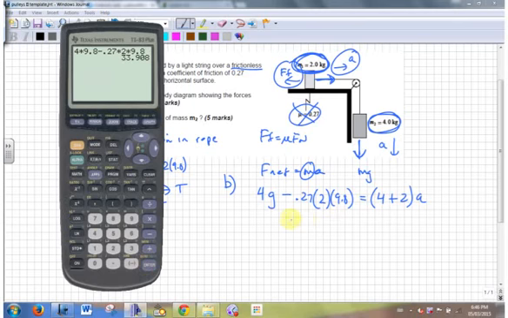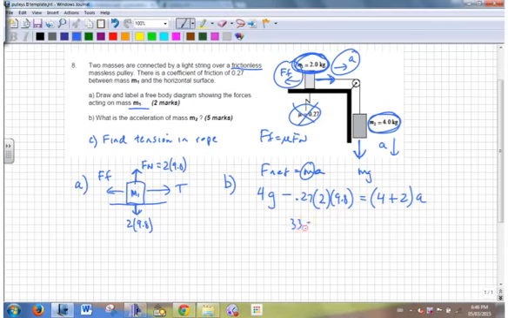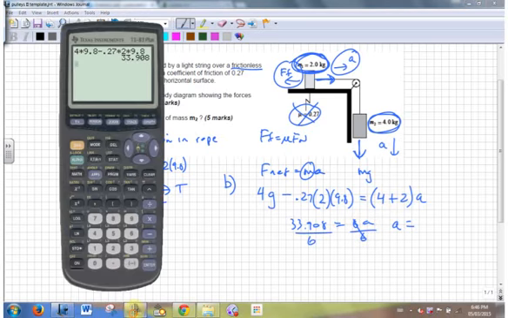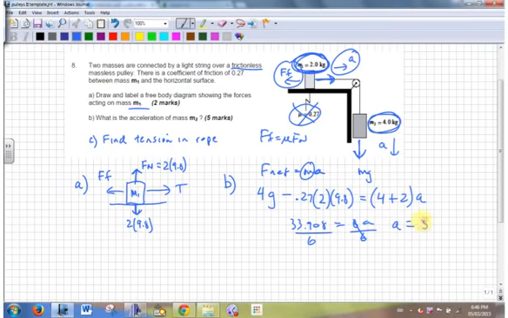Okay, that's 33.908 is 6 times a, so divide both sides by 6, and that's the acceleration of the system. 5.65, and of course that's in meters per second squared. Alright, so that's the acceleration this thing goes down at. That's the acceleration that this block goes right at. And every point on this rope, I don't care where, every point's going to accelerate at 5.65.